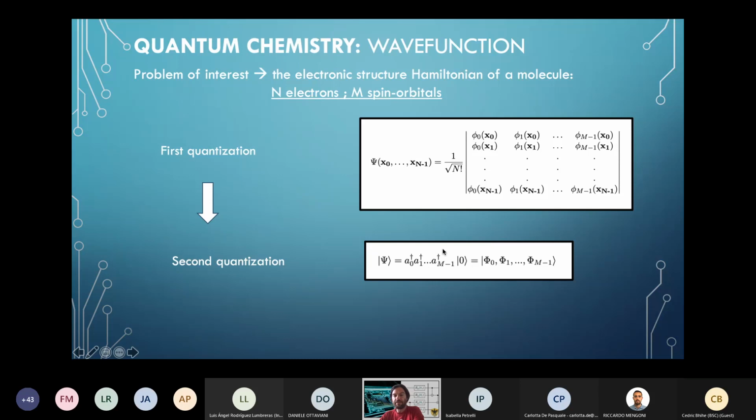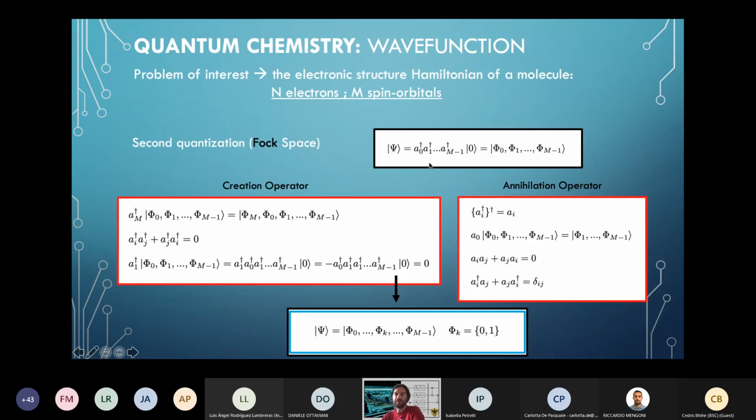The second quantization has the advantage of being very, very compact, as you can see here, and you can forget in some way about the antisymmetric properties, which are enforced by Slater determinants, because you can define your state as the creation of your particles on a reference state.